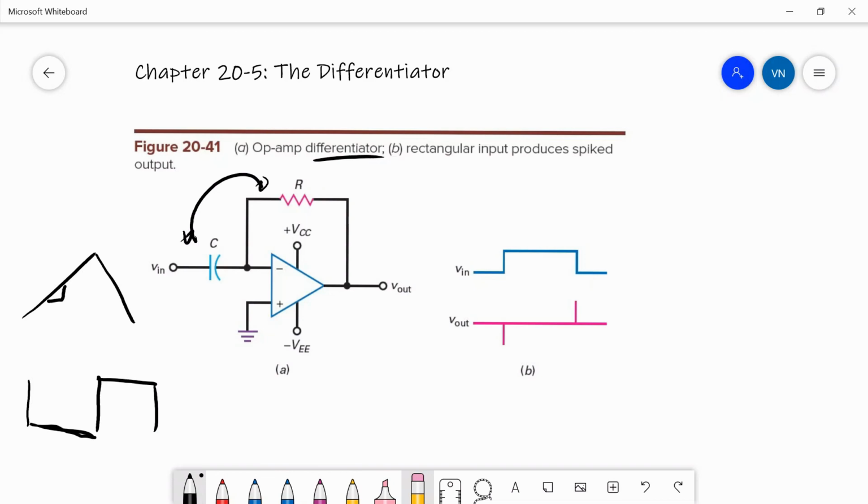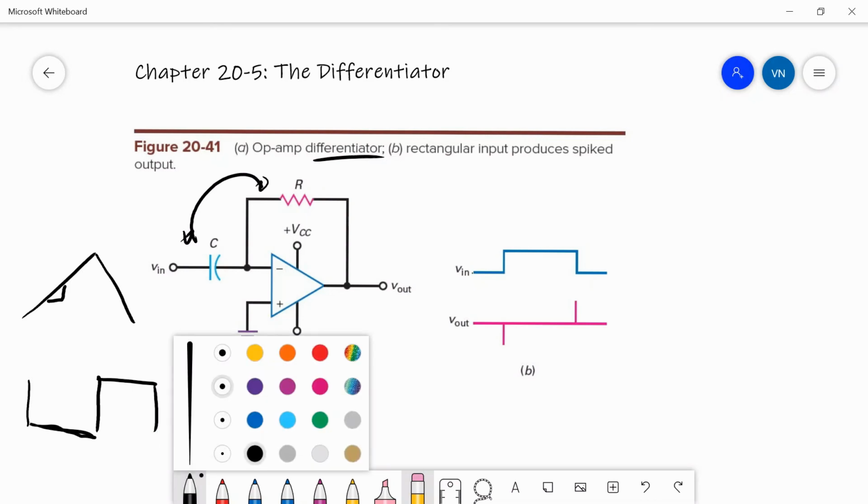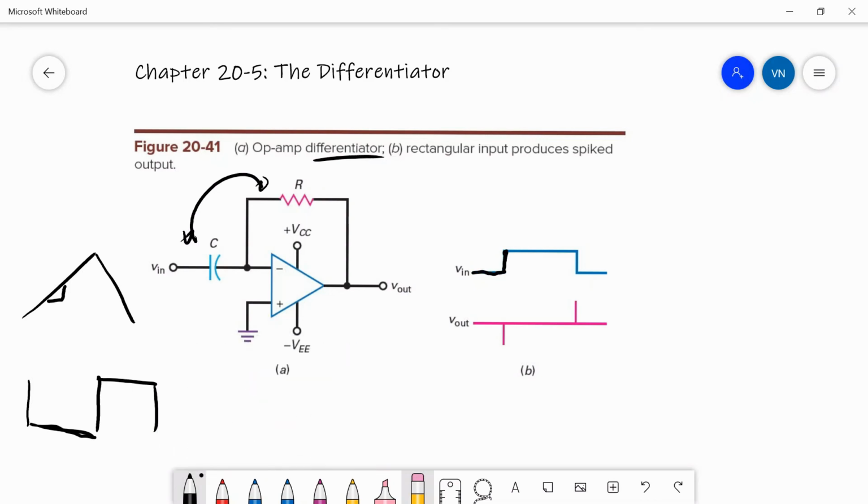Now, it's not used as much as the integrator. The integrator has a lot more applications, but one thing the differentiator is used for is this: when a square wave snaps high and low, these points right here are really fast changes, and so the slope approaches infinity.